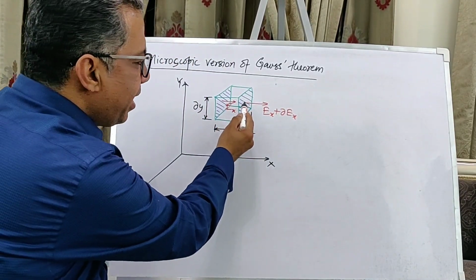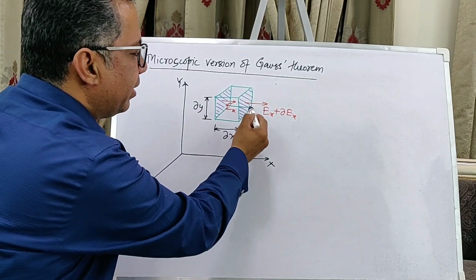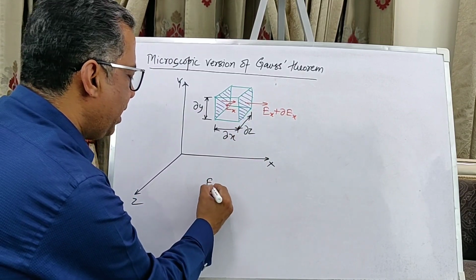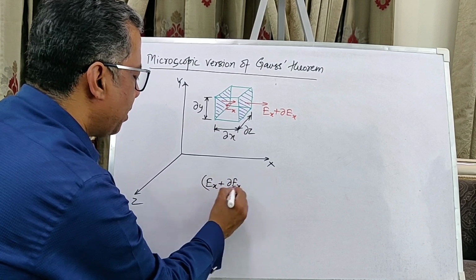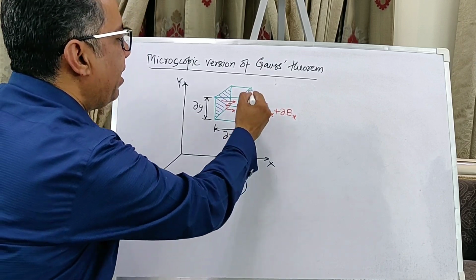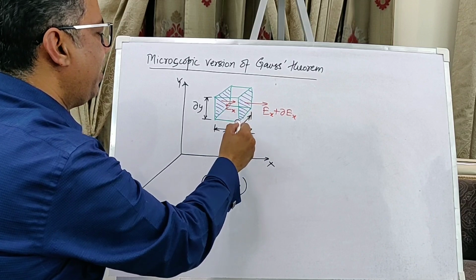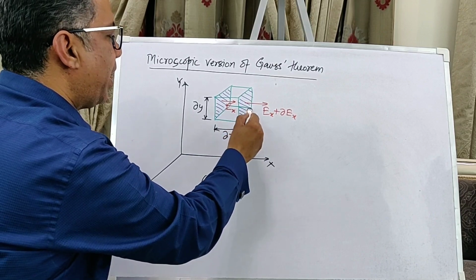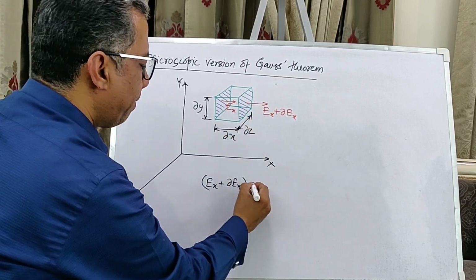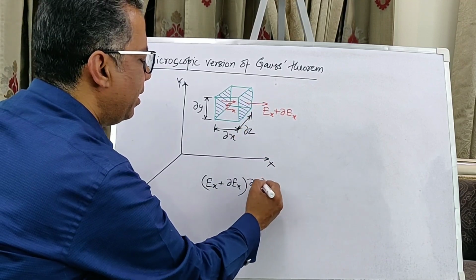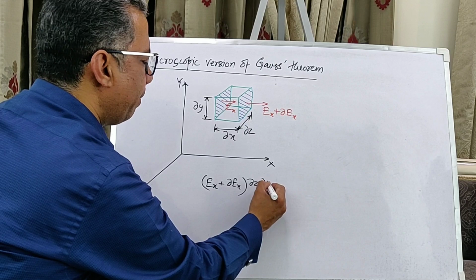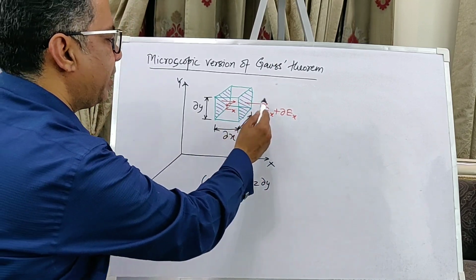On this right hand side face, the flux will be Ex plus del Ex times the area here. Now the area here is del z times del y, I'm so sorry, del z times del y, that's the flux through this face.